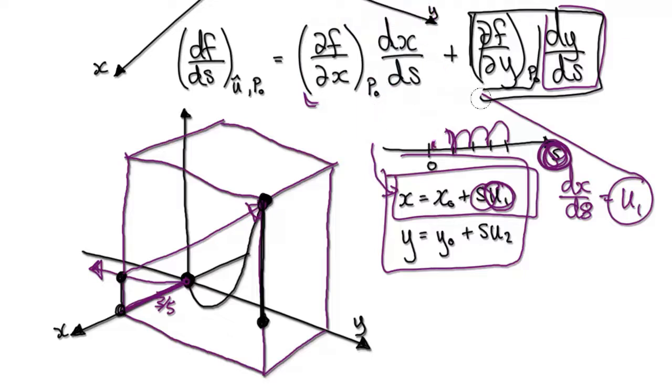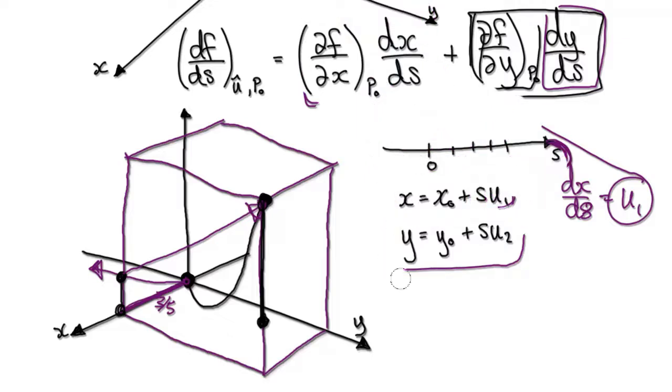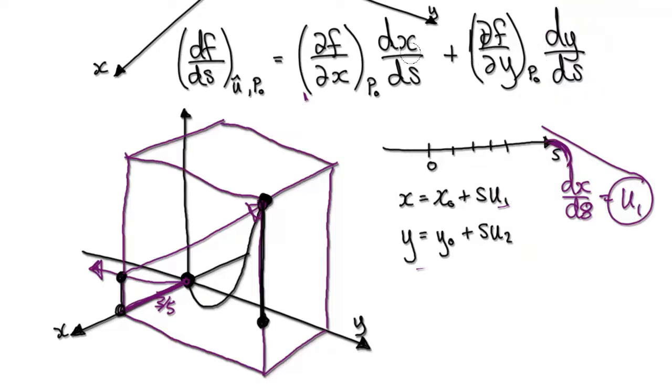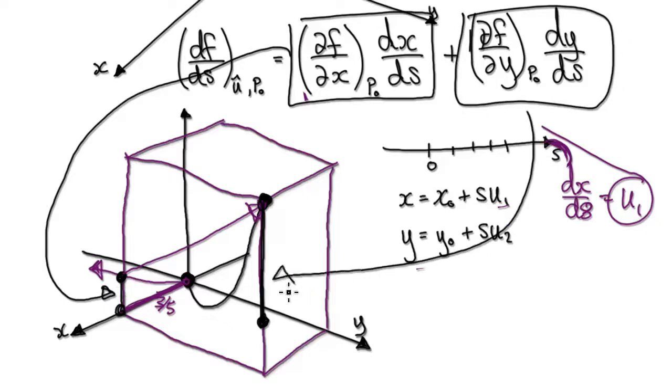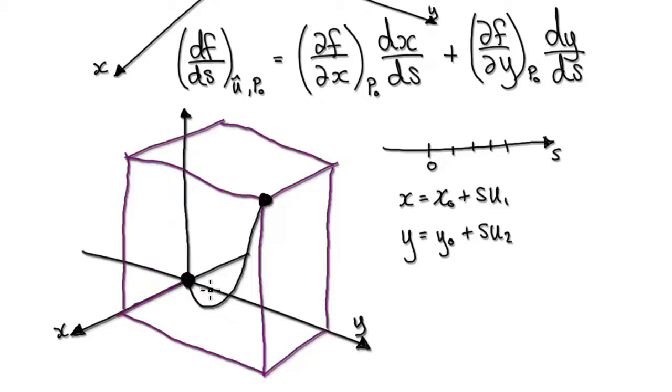So this whole block here is this height here, and this block here is this height here. So combining the two together would show you how much it has climbed up, which is df by ds. So yeah, or you could go in the other direction.